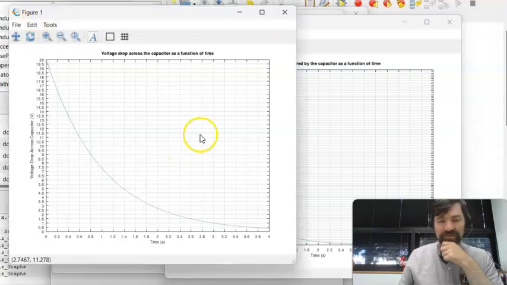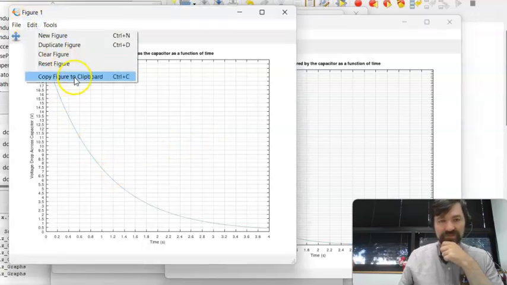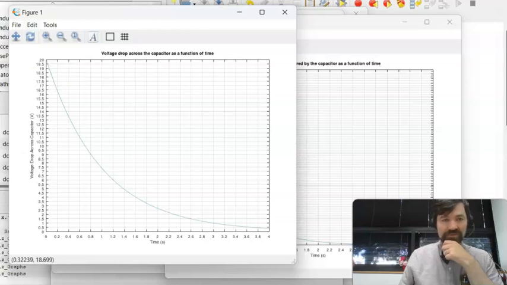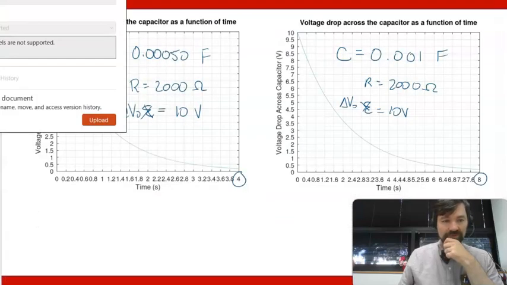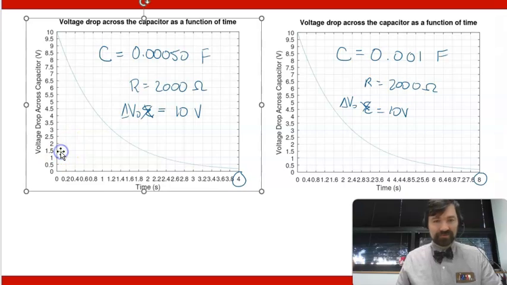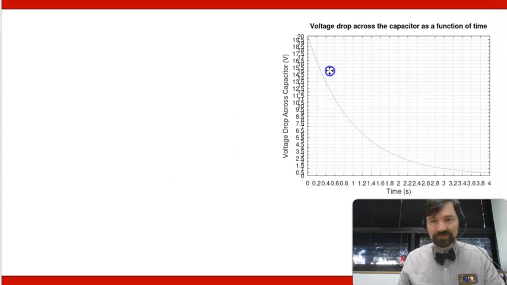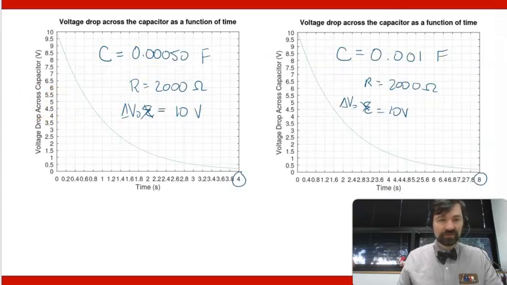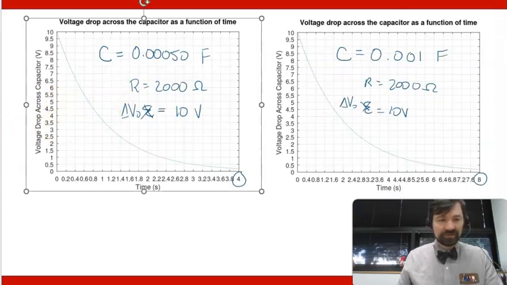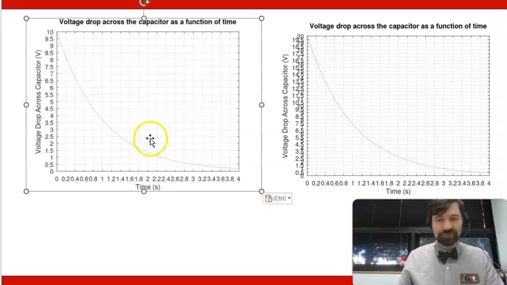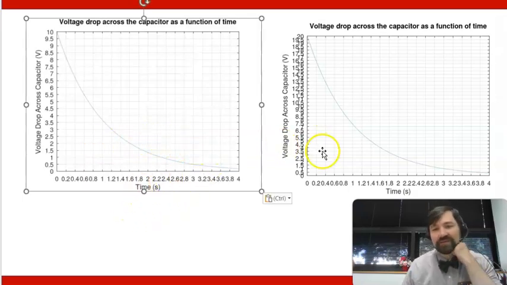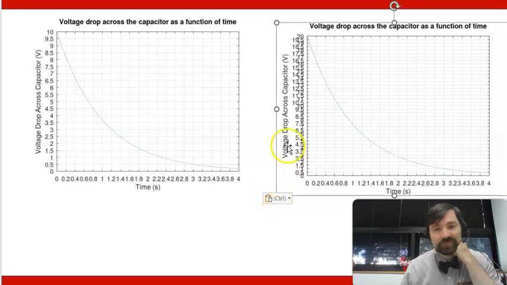And again, here's what I end up getting. So I copy this one, come down here, and this is with doubling my initial voltage. It's gotten a little crowded here because of the way I set up my scales.